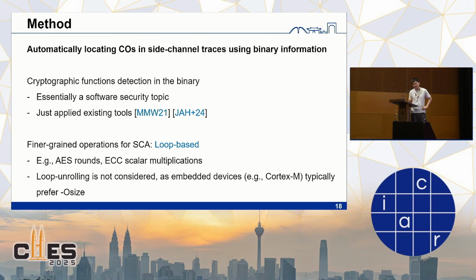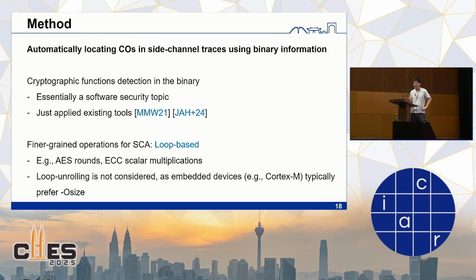So for the function-level detection, there is actually some previous work proposed by software security researchers, so we just reuse them. But function-level detection is actually not enough for side-channel analysis, because for AES you may want to pinpoint specific rounds, right?